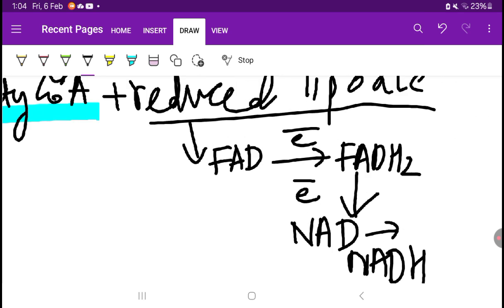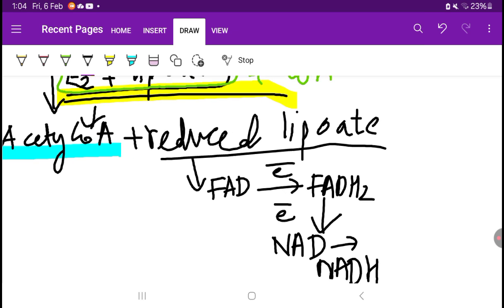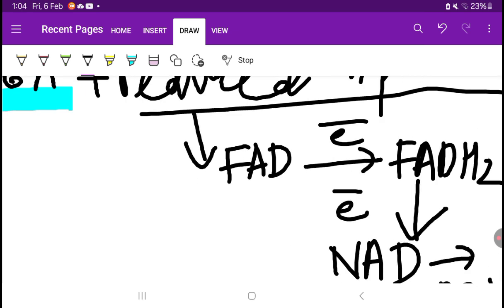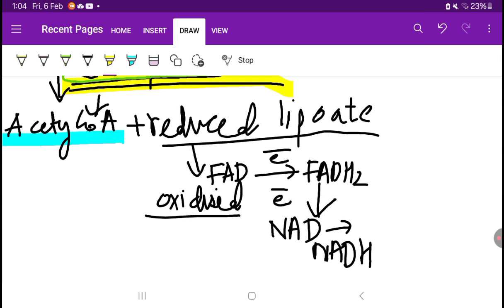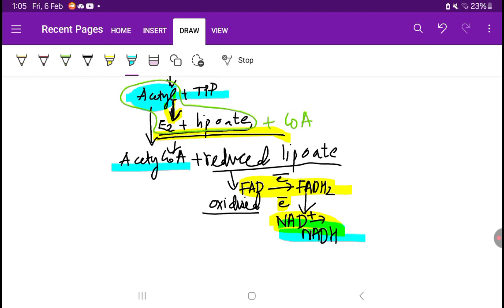So the reduced lipoate gets oxidized in this process. Here what you have to remember is that from FAD to FADH2 there is one step, and from FADH2 to NADH is another.